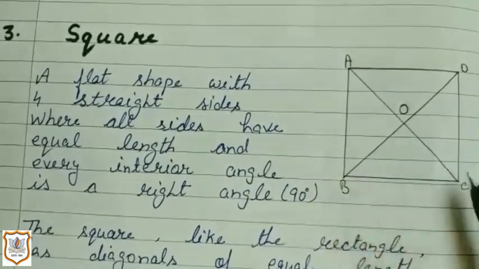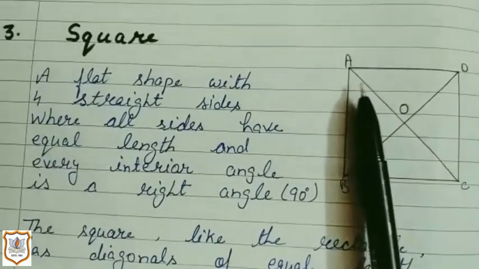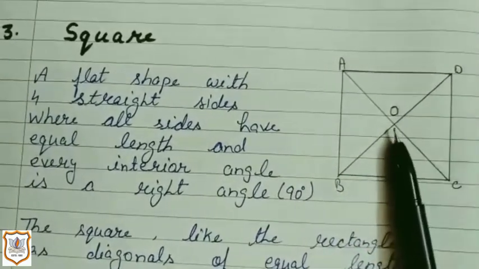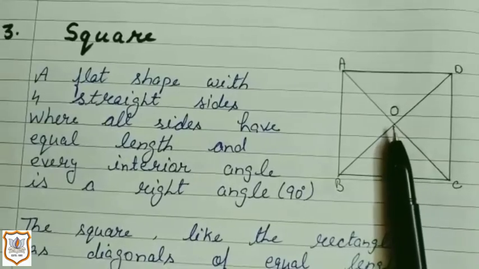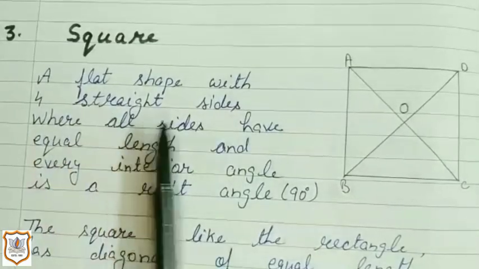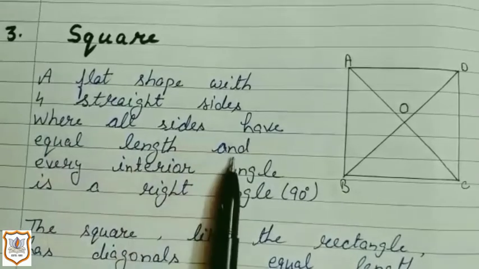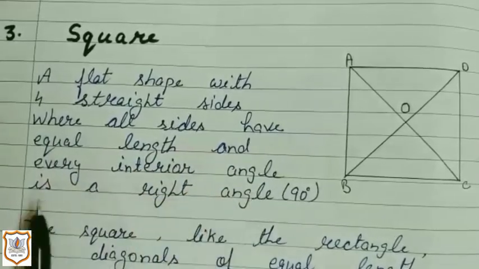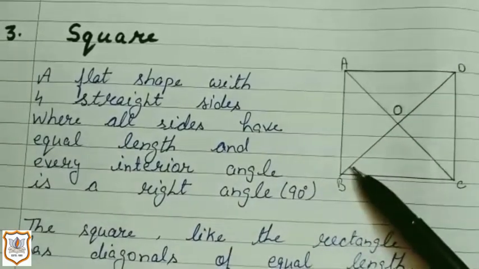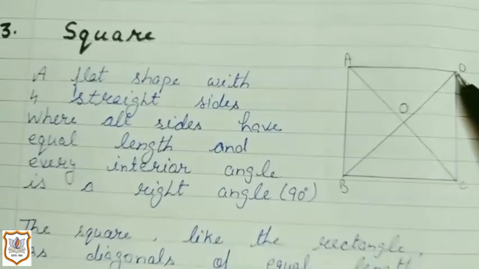So AB equals CD, AD equals BC and diagonals AC and BD intersect each other at point O. So a flat shape with 4 straight sides where all sides have equal length and every interior angle is a right angle. So angle A is 90 degrees, angle B is 90 degrees, angle C is 90 degrees and angle D is also 90 degrees.